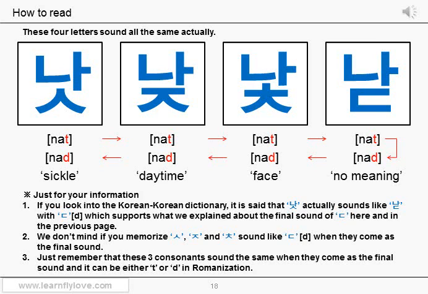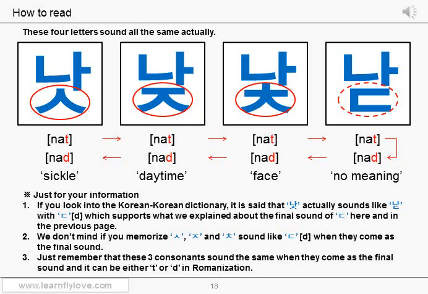If you look into the Korean dictionary, it is said that "not" with the short S consonant as a final actually sounds like "not" with the digut D as a final. A little bit confusing, isn't it? Again, in Korea, we actually think that all the consonants in group 2, S, J, Ch consonants, sound like digut, D consonant like D in English, when they come as the final of the block, which supports what we explained about the final sound of D consonant here and on the previous page.